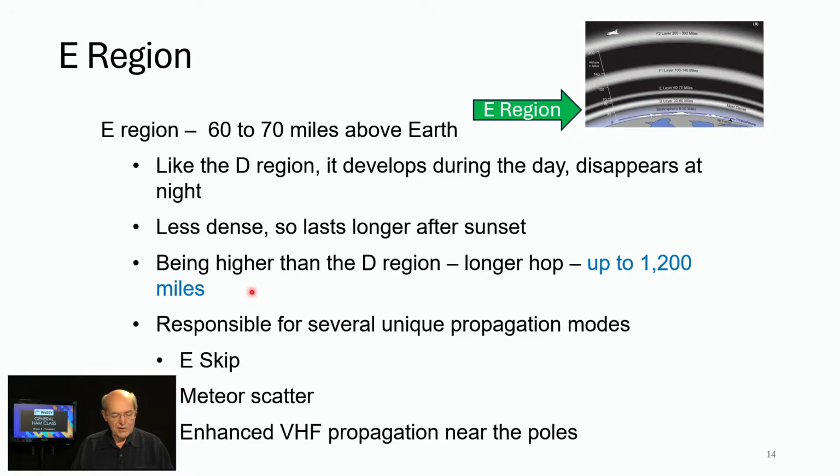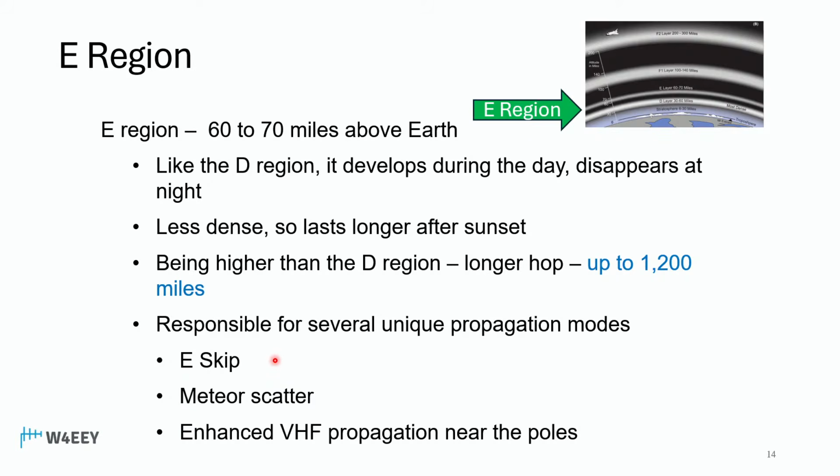There are several very interesting and unique propagation modes related to the E region. E-skip is one, kind of a mysterious propagation mode. Meteor scatter. When meteors come into the atmosphere, there's actually hundreds of thousands of meteorites that enter the atmosphere every day.